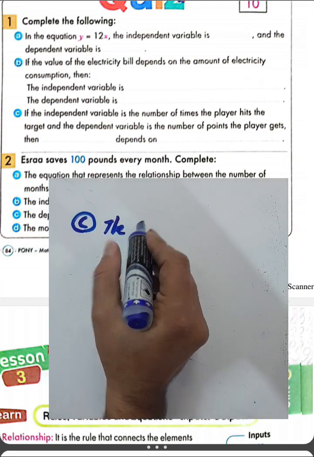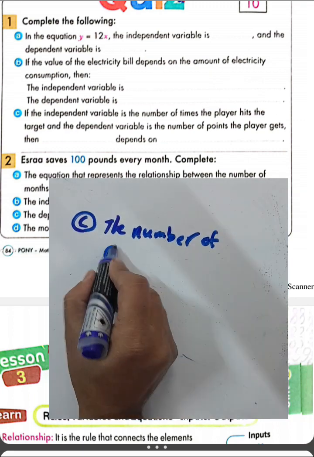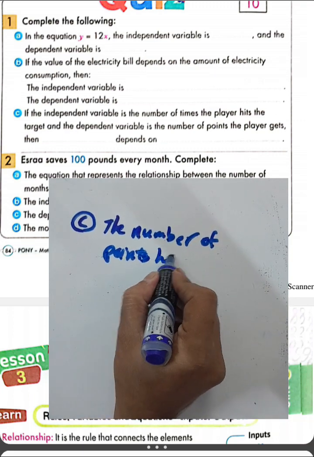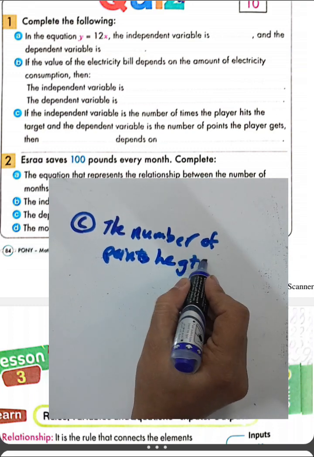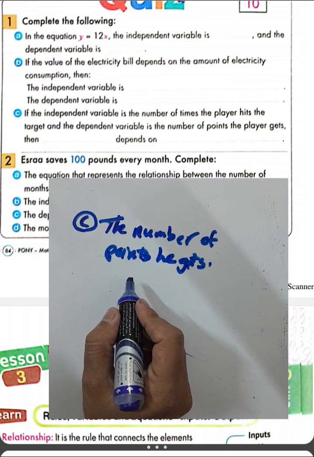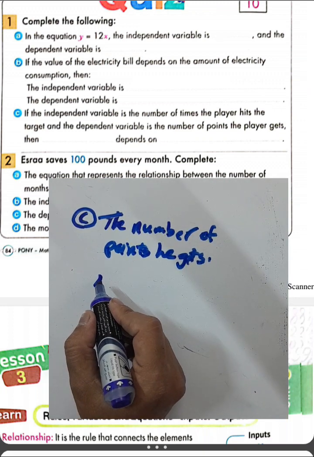The number of points he gets, it's dependent. But independent, what? It means depends on.